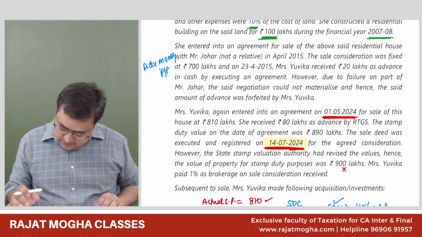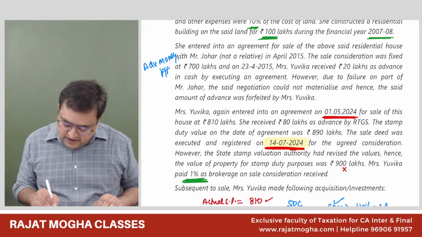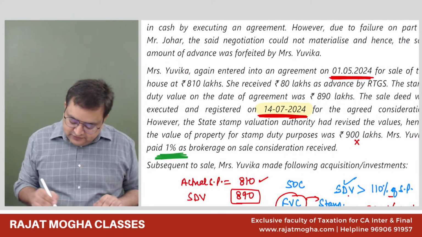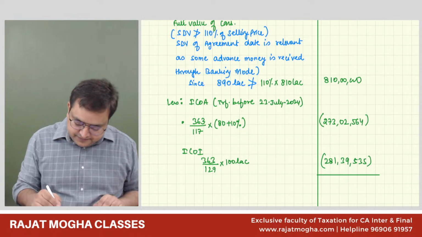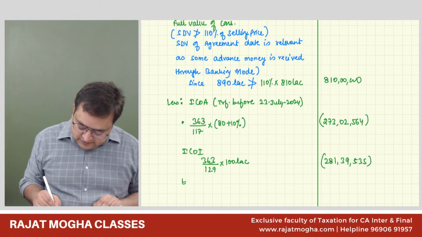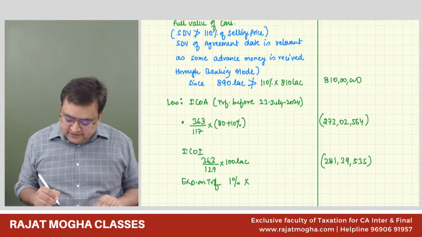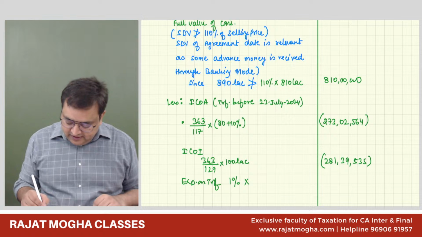Yes, sir. Oh, I am missing this one. Correct. So Mrs. Yuvika paid 1% brokerage on the sale consideration received. So expenses on transfer were 1% of the actual selling price, and the actual selling price was 810 lakh.